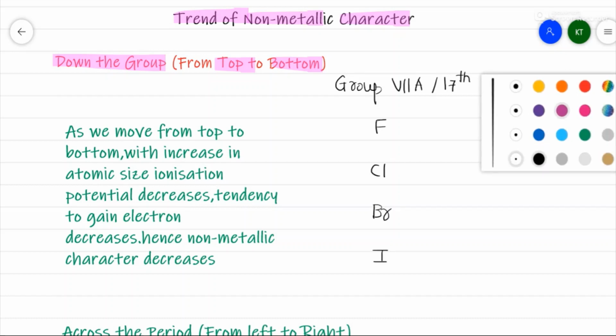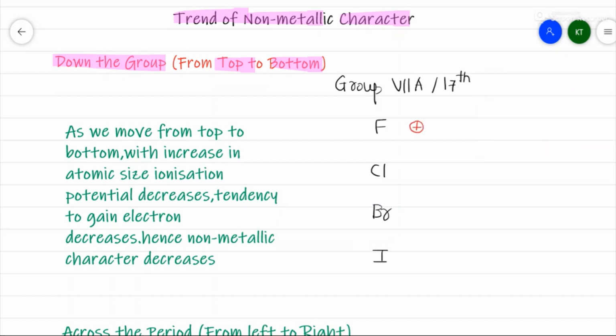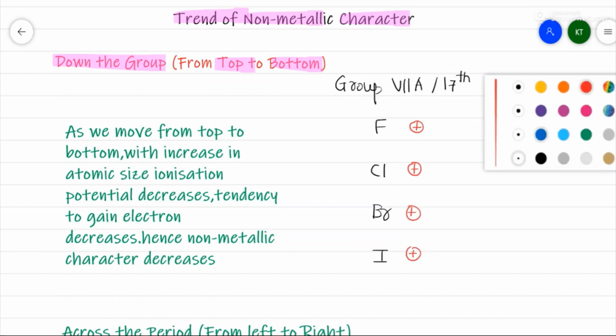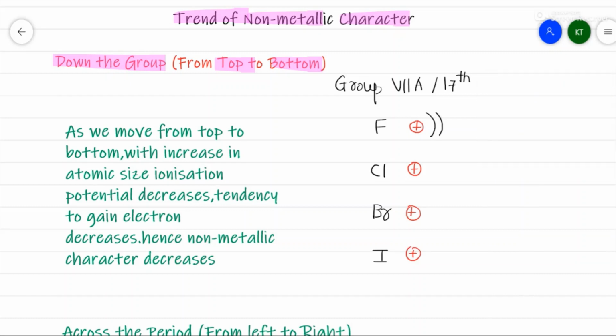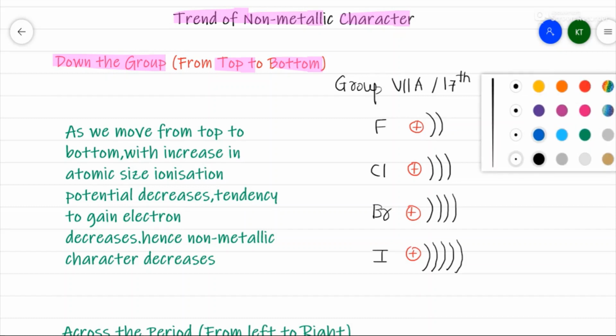As usual, we draw the nucleus of an atom. This is the nucleus of fluorine, this is the nucleus of chlorine, this is the nucleus of bromine and this is the nucleus of iodine. Now let me draw the shells. Fluorine has got 2 shells, chlorine has got 3 shells, bromine has got 4 shells and iodine has got 5 shells. Now each of these has got 7 electrons in the valence shell.